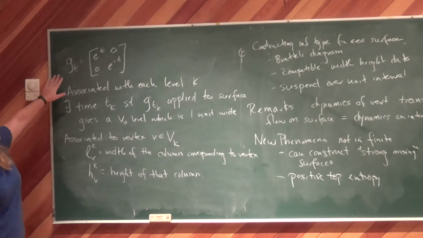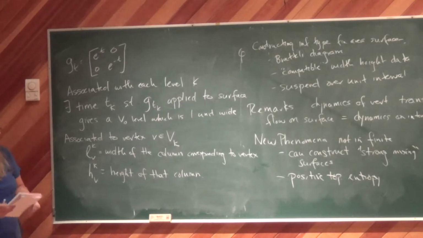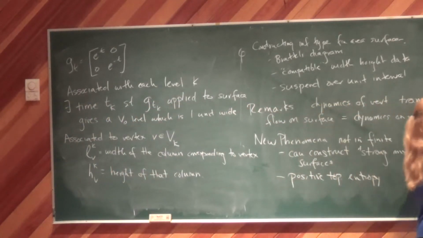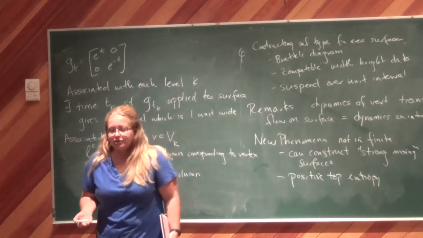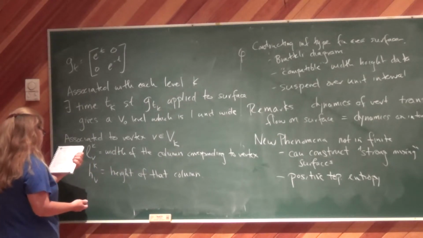So if you apply this renormalization operator, the g_tk, we're moving from our very stretched thing to something else. And we can compute how those heights and widths change.